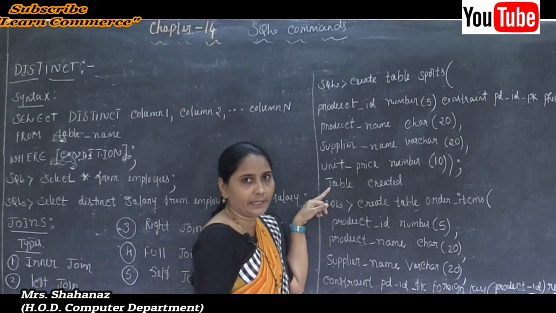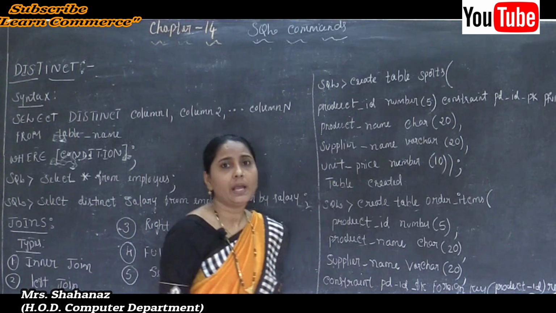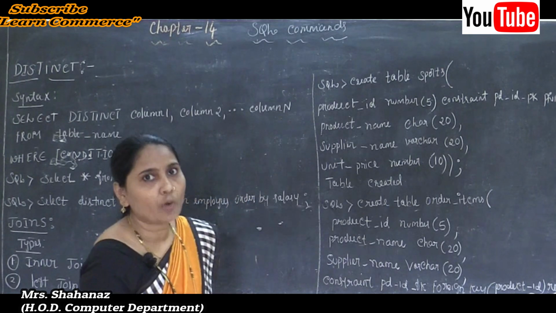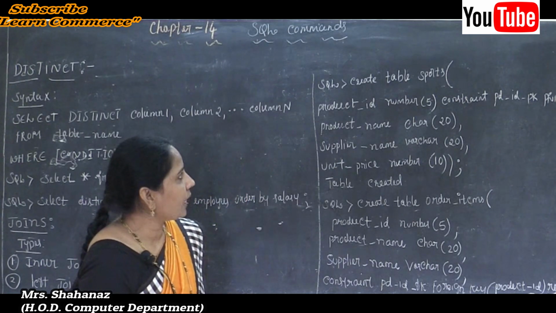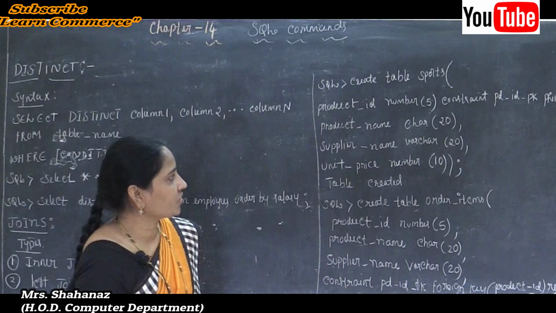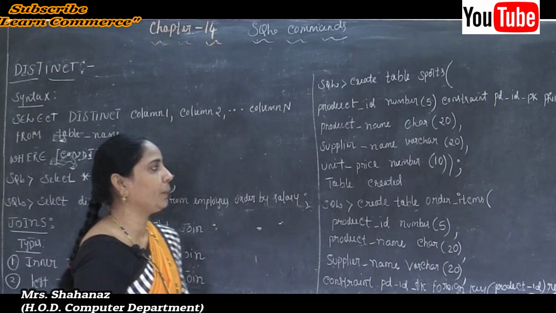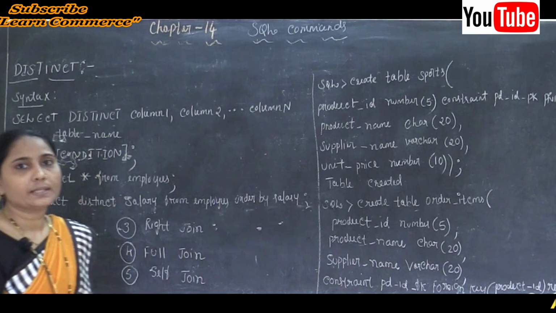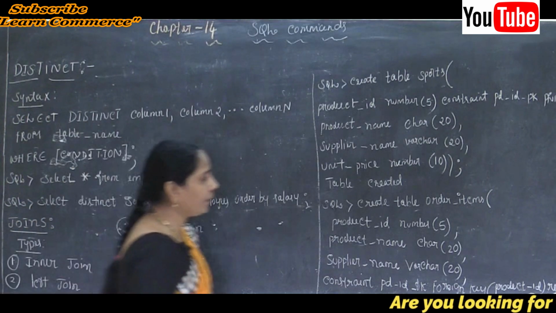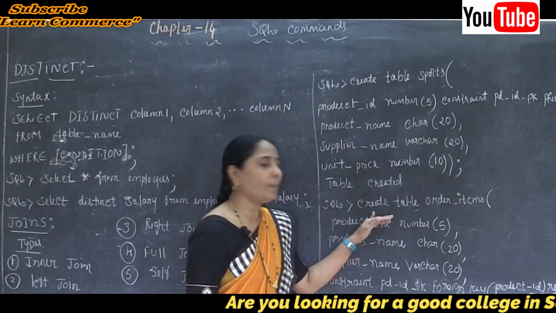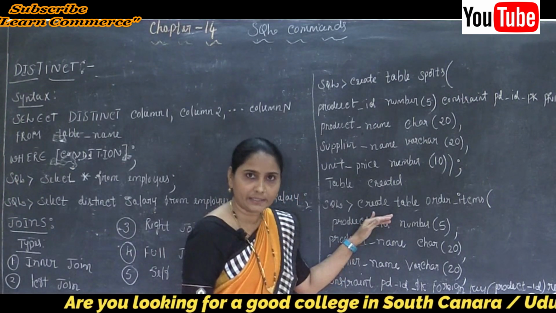Now we created the table, the name of the table is sports, and such a table has some columns: product ID, product name, supplier name, unit price. Okay, now let's do the second table. This second table I am also going to create by using our create table command.